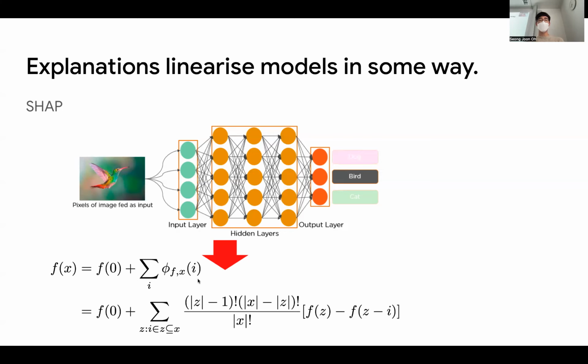By turning on or off your pixels, it's regulating whether you are including this contribution to the final prediction or not. So in that sense, you can think of this also as a linear model, a linear approximation of your model. Okay.